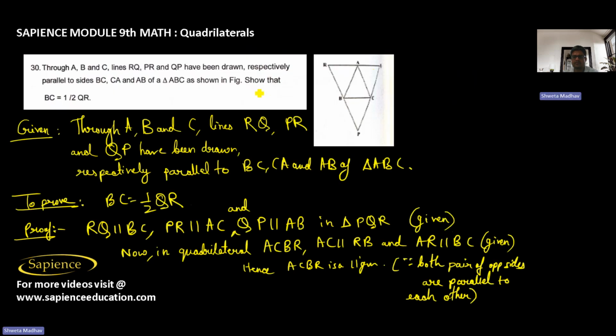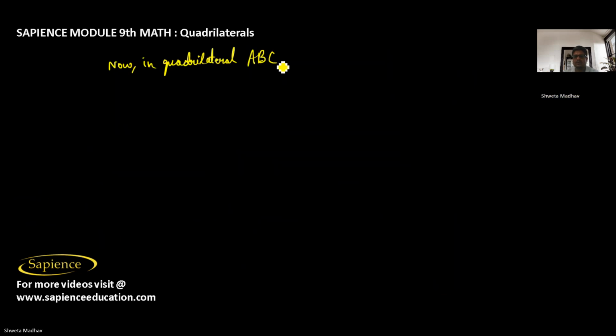Now, similarly, in quadrilateral ABCQ, AB is parallel to QC, and AQ is parallel to BC.